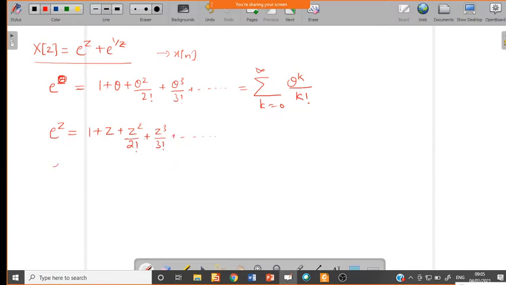And similarly you can write e power 1 by z. We can write this as e power z inverse. Now instead of z you replace it with z inverse, that is you will get z power minus 1 divided by, since it is minus 1, minus 1 factorial, plus z power minus 2 divided by 2 factorial.